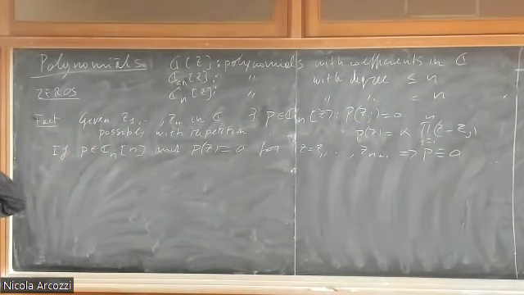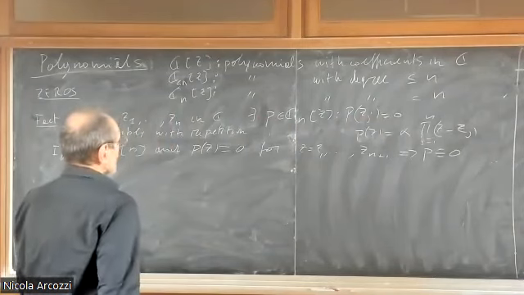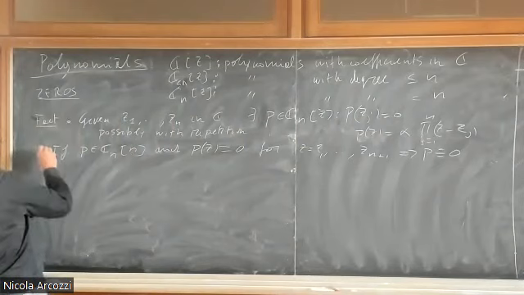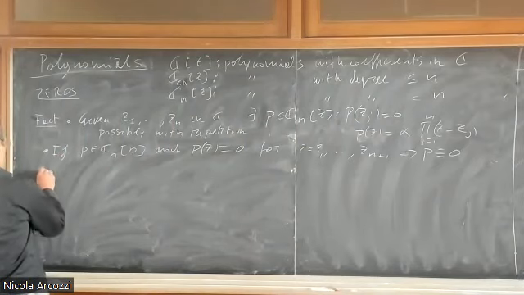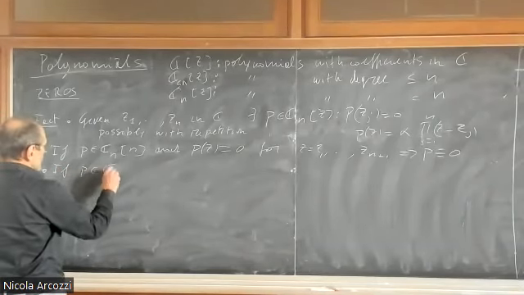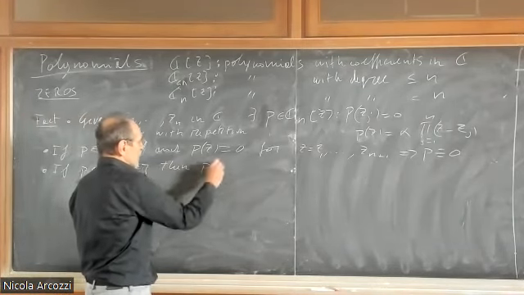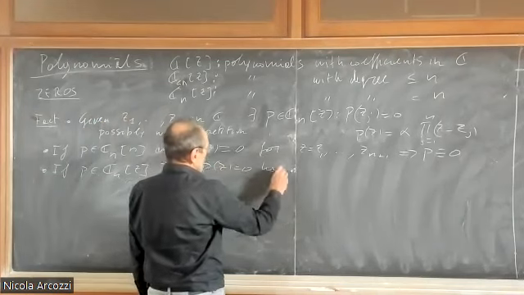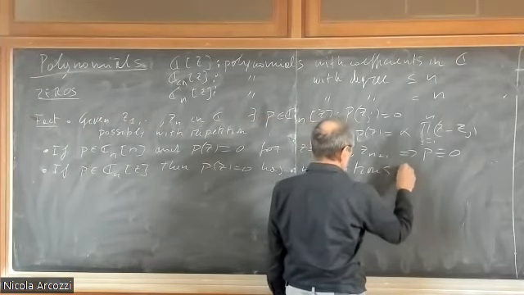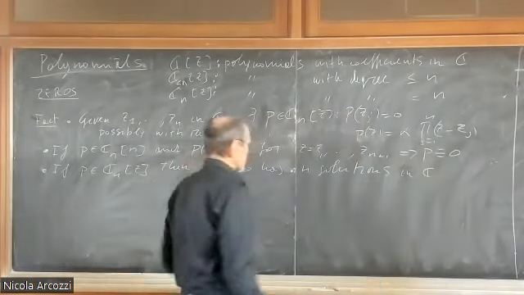So there are really no such nonzero polynomials. If you have the polynomial, the solutions are the zeros, possibly with repetitions.